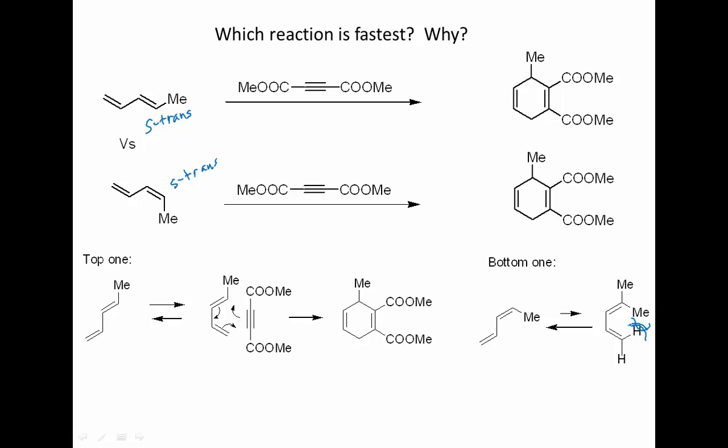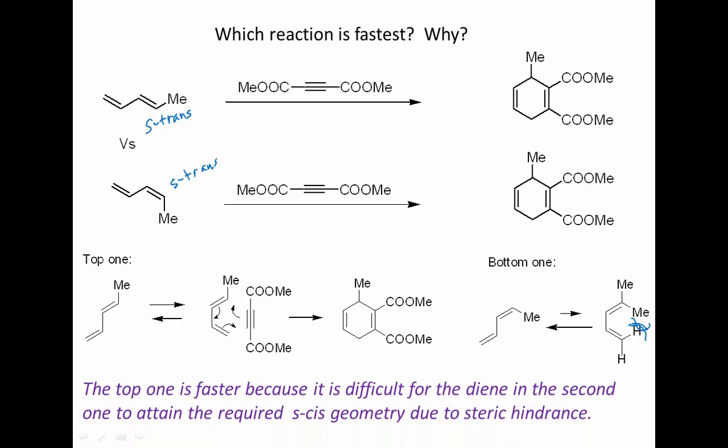We're unlikely to obtain a very high population of the S-cis conformation in this second system. So the top one is the one that's going to be faster because it's difficult for the diene in the second case to attain the required S-cis geometry. I guess I have an extra methyl group here. Sorry.